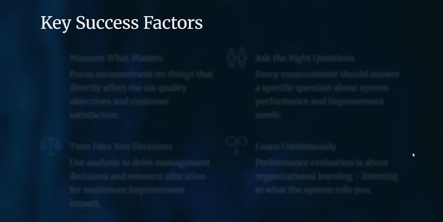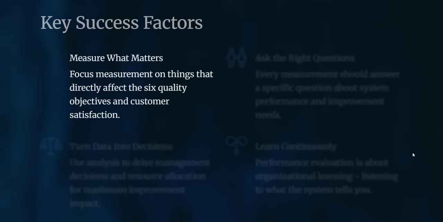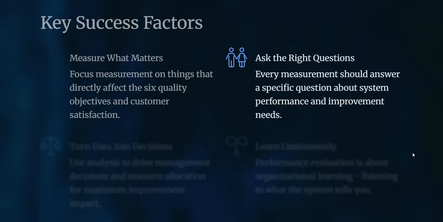Key success factors for implementation. First, measure what matters, and focus measurement on things that directly affect the six quality objectives in our case. And in your case, focus measurement on things that directly affect all of your quality objectives and customer satisfaction. Secondly, ask the right questions.